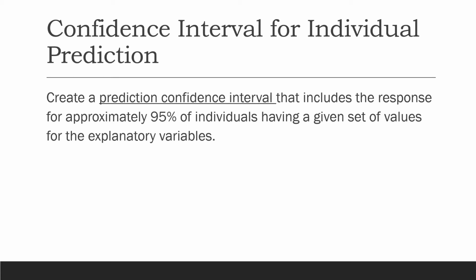I can also make a confidence interval for an individual prediction. It would be a prediction confidence interval, as we call them, that includes the response for approximately 95% of individuals having a given set of values for the explanatory variables.